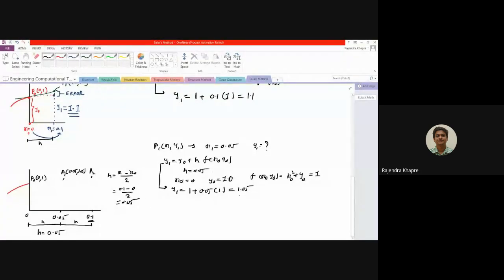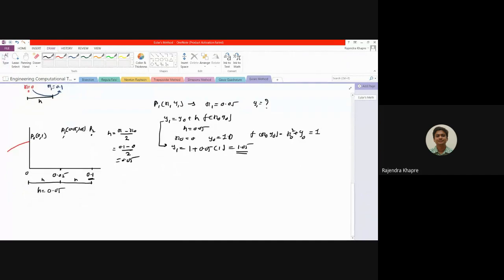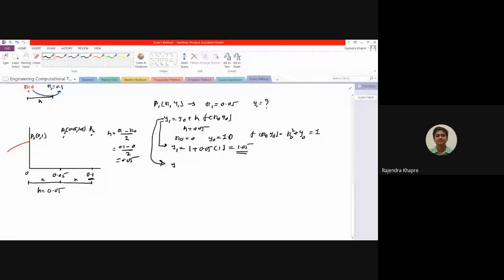But we are not interested in this value, we are interested in the value of y2, because for y2 the corresponding x value is 0.1. So we have to calculate y2 now. So we can extend this equation: y2 will be y1 plus h into f of x1 y1.